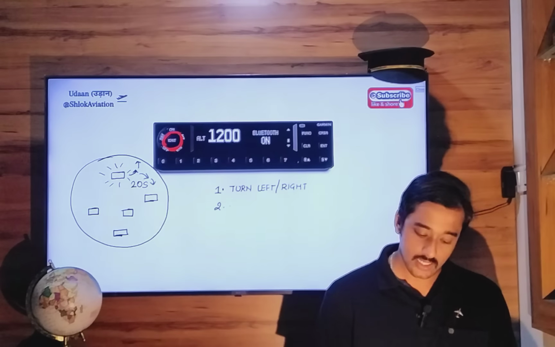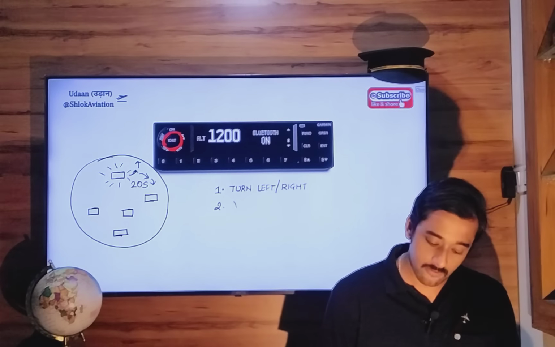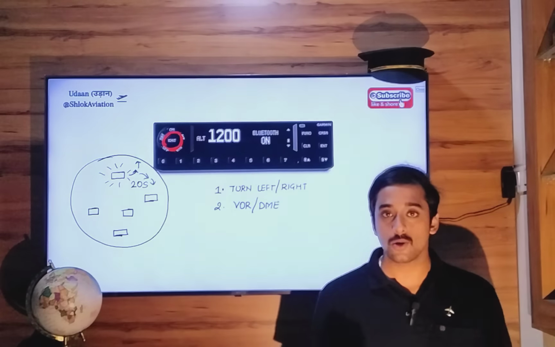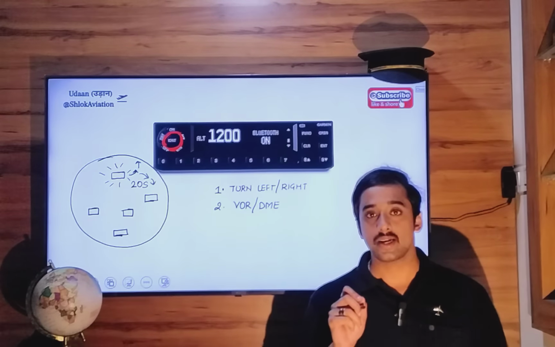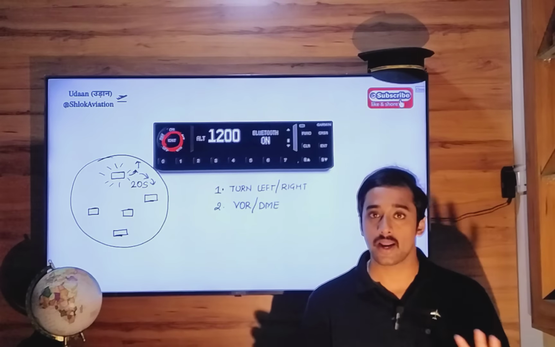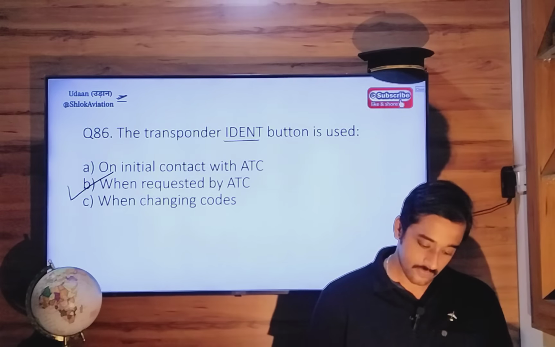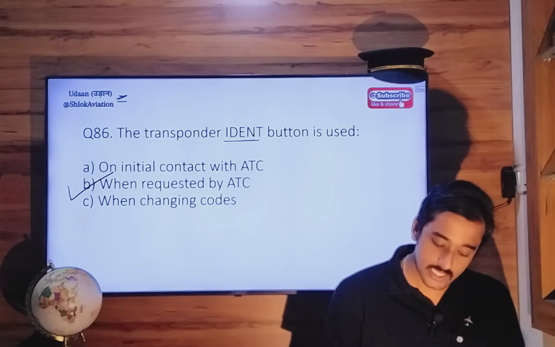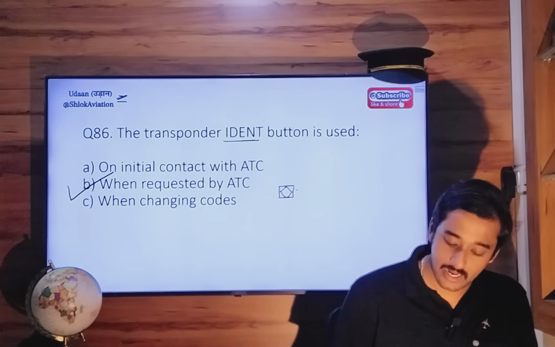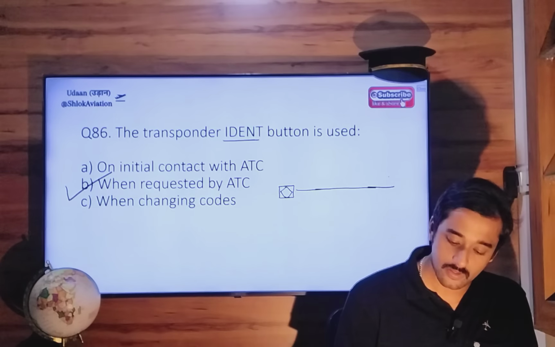Second way is ATC can ask you to give VOR and DME information. That means the radial you are situated on and the distance you are at. For example, let's say this is your VOR DME station and you are situated on radial 090.